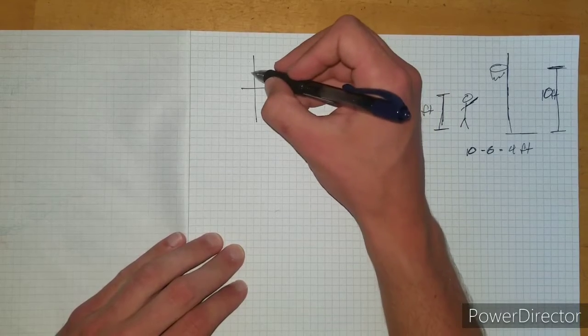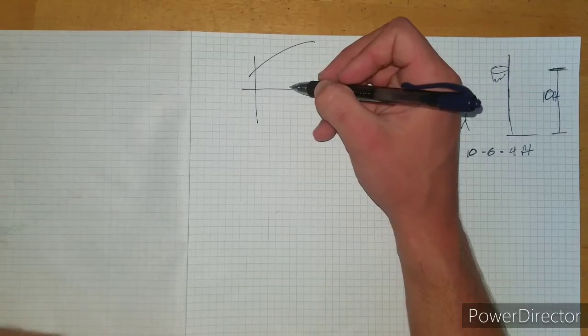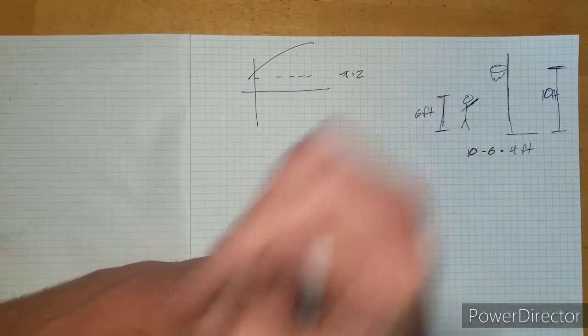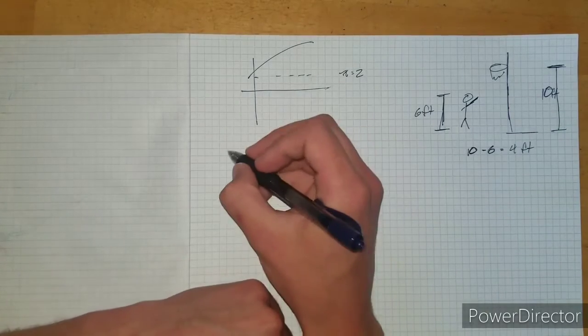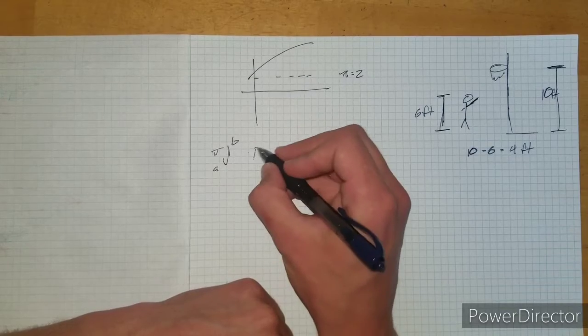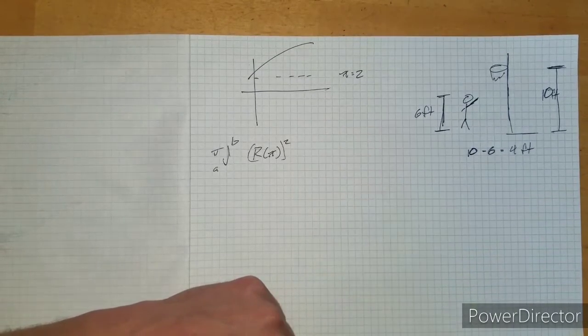So we're going to do the same thing if we take this function. We're used to rotating it around here, but let's say we rotate it around x equals 2. So originally we were taking the integral from a to b of pi r squared.